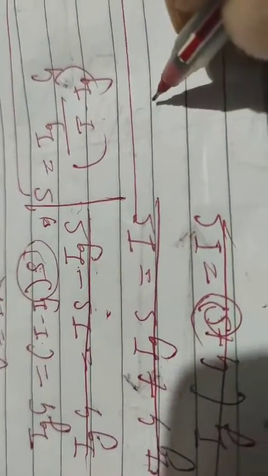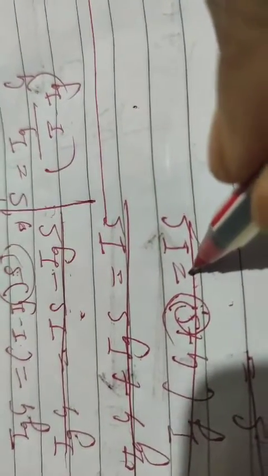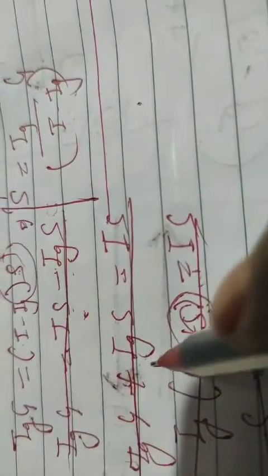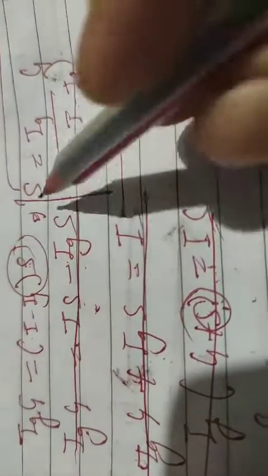And if you want to find the current, that is also what I have done here, but my aim is to find the current. First you have to find the shunt. Ig G plus S, that is I S, and finally you can find R. I is how much? Ig.